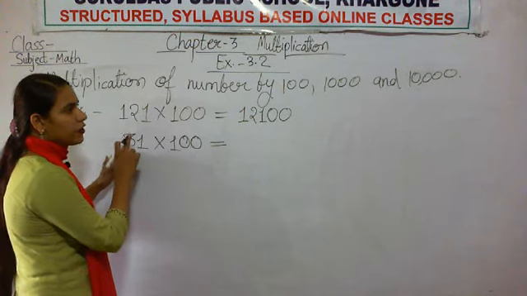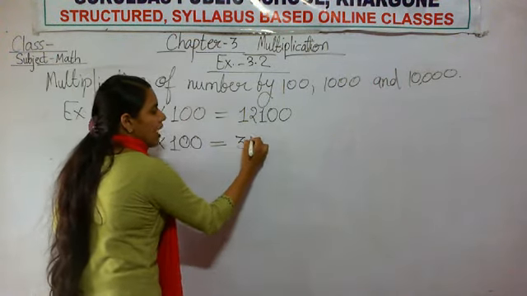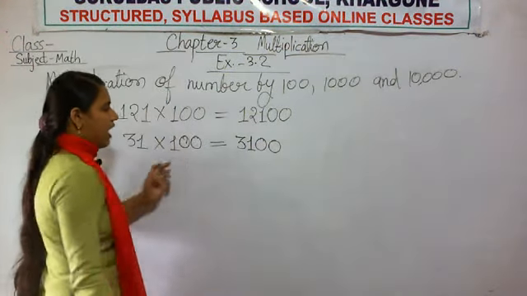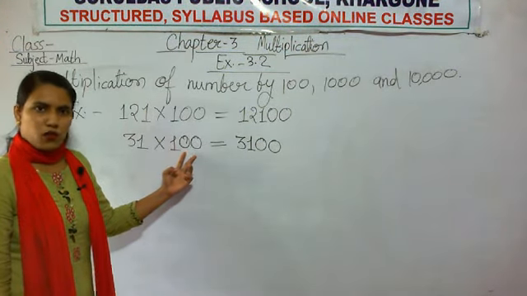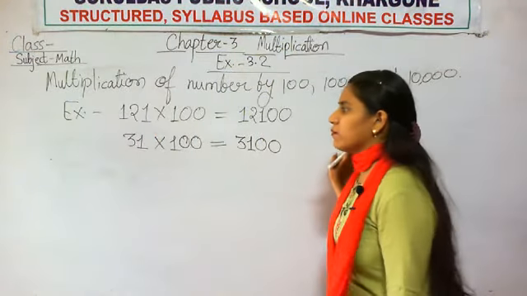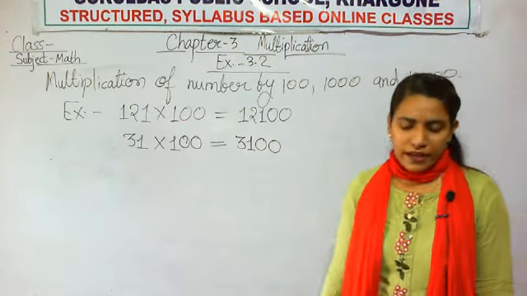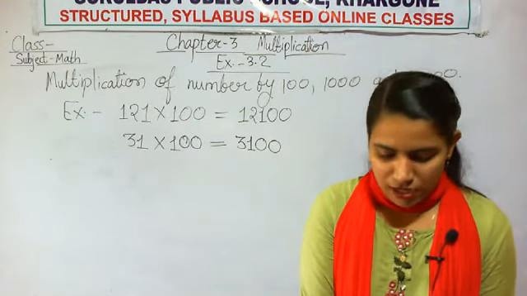According to the trick, you will write the number and insert two zeros, as two zeros are in 100. Also, when we did the actual multiplication, we got the same answer. Okay, so this is the trick.